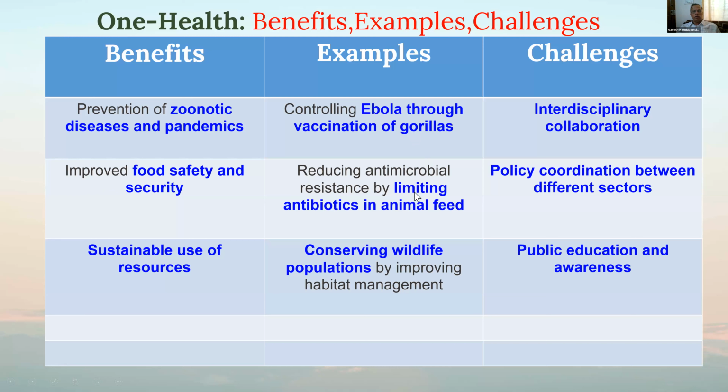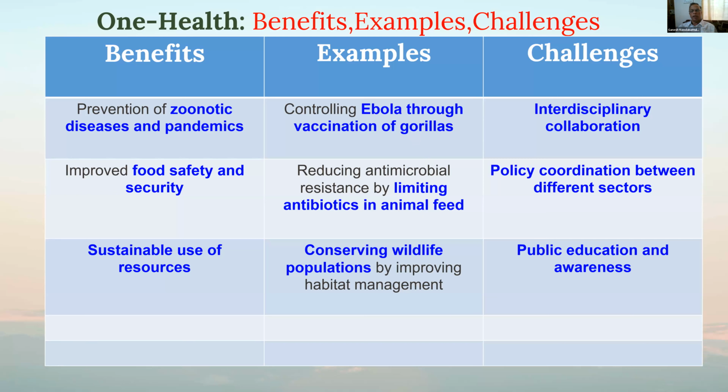Similarly, another example is limiting antibiotic use in animal feed, which can control antibiotic resistance, and conserving wildlife populations by improving habitat management. Habitat management means we have to allow the animals to live in the wild there itself.